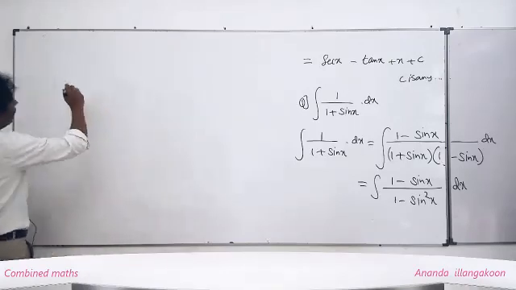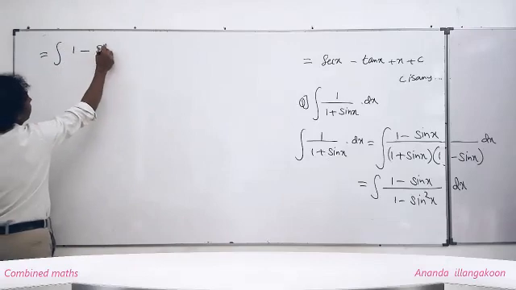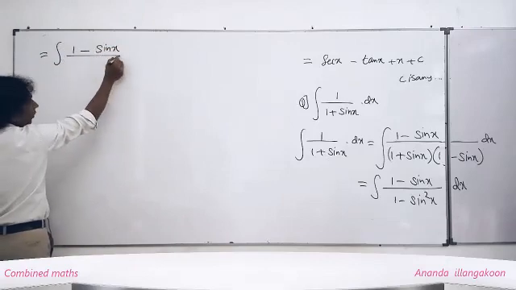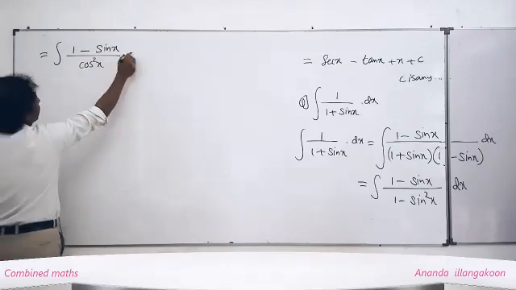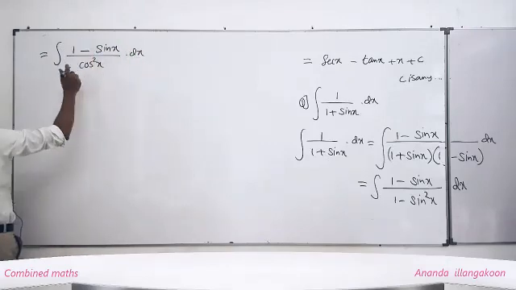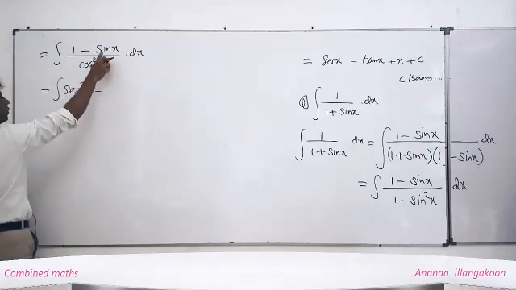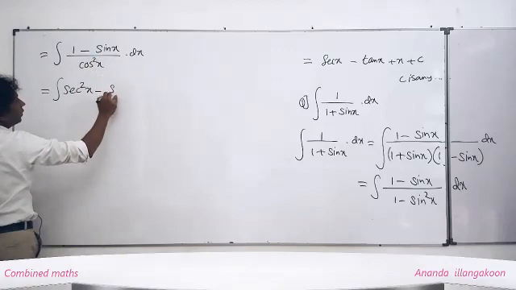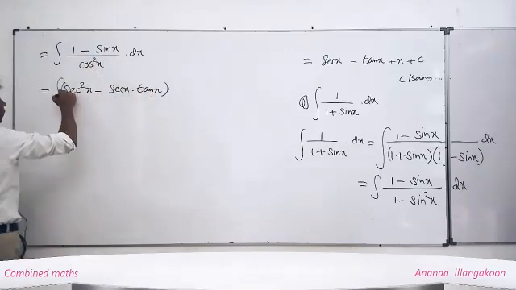Then this is now 1 minus sin x divided by cos squared x dx. This and this we can divide: sec squared x minus sec x tan x coming like this.